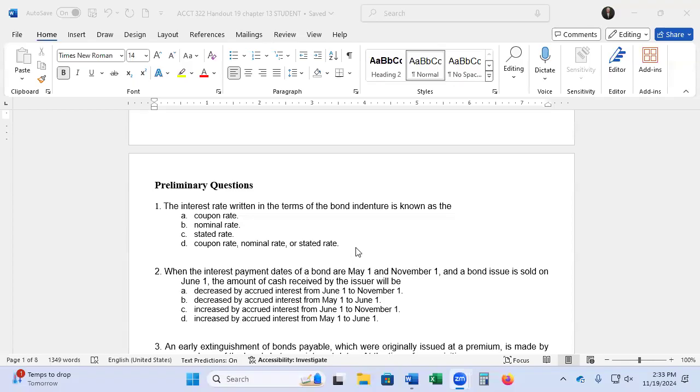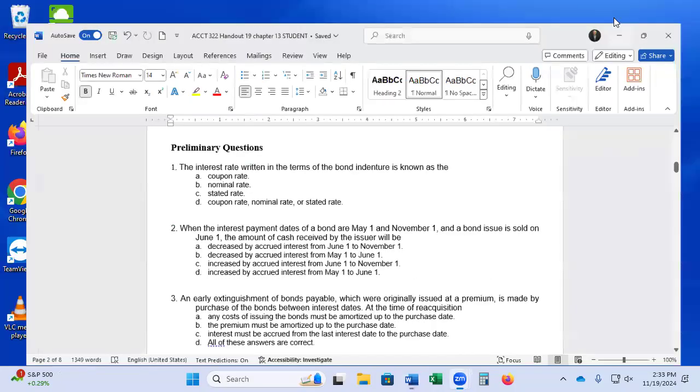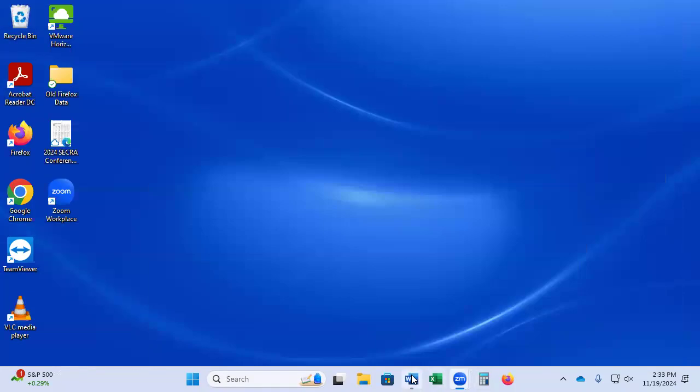We are starting chapter and the final chapter, 13. And just so you guys know, this is handout number 19, even though it says class 21. It should say 19 on it. I'm pretty sure I put it in there.